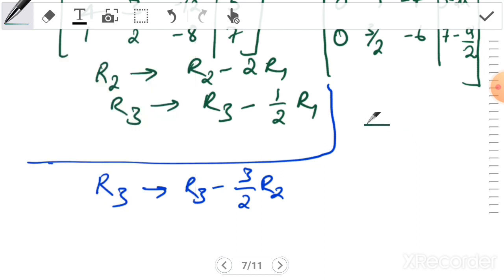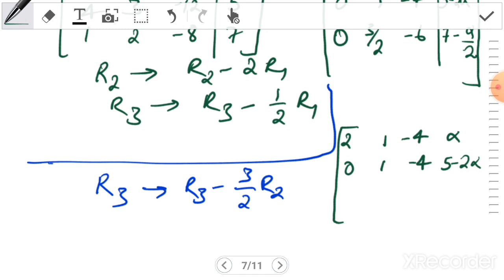The new matrix will be 2, 1, minus 4, alpha, 0, 1, minus 4, 5 minus 2 alpha, and 0, 0, 0, 5 alpha minus 1 by 2.